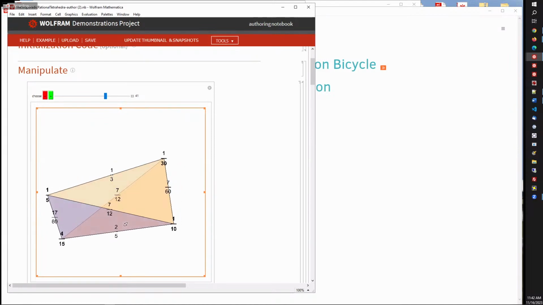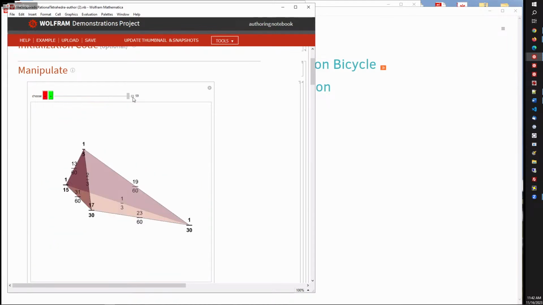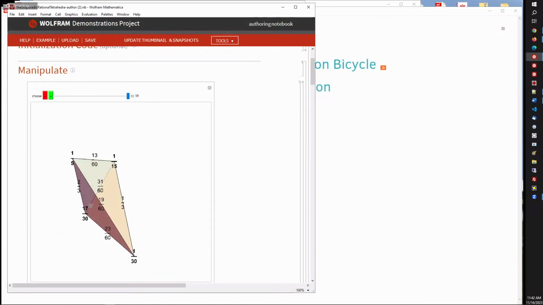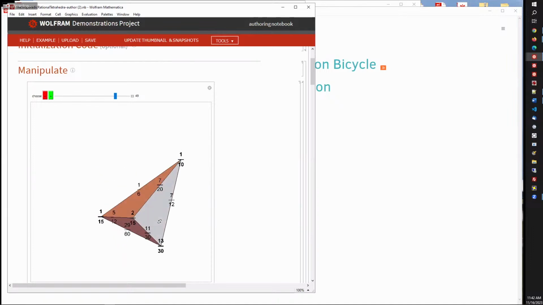So if you add up these fractions, the dihedral angles, multiply by 2 and subtract the vertex angles, you'll get 4. And that applies to all of these. So that applies to any tetrahedron, but these are the only tetrahedra that have all rational values for their edges and solid angles.